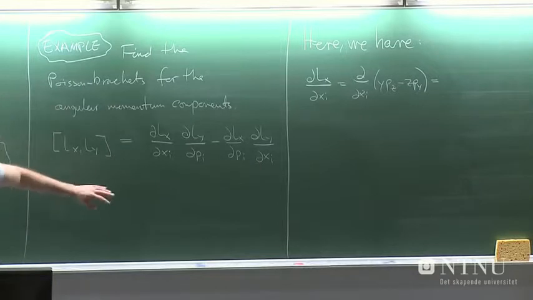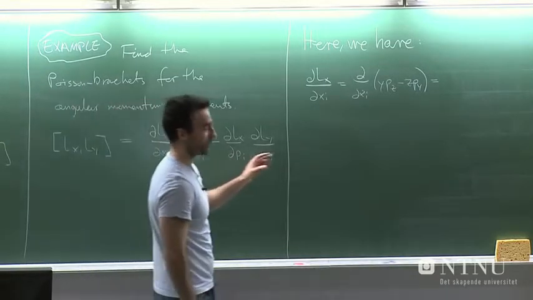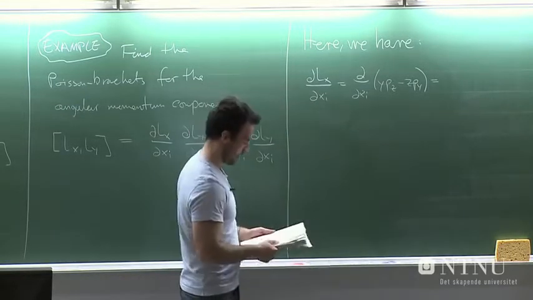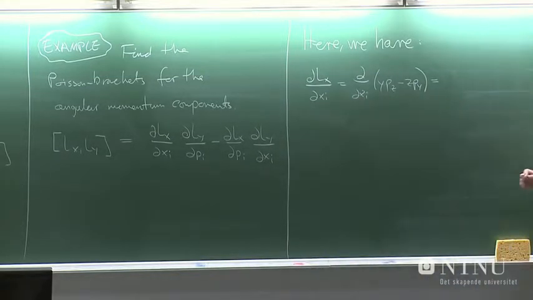So if we consider this first term initially, we have this from the definition of the angular momentum vector. Now keep in mind that x and the generalized coordinates in the system and the canonical momenta are considered to be independent variables.